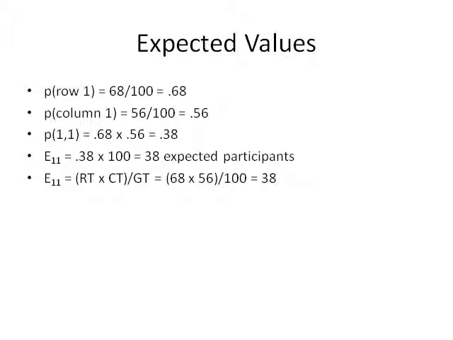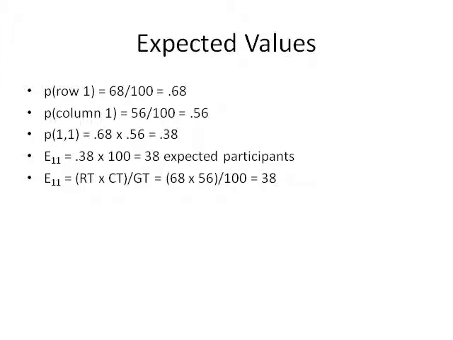So let's try to answer this by first addressing what is the probability of being in row 1. Based on the data in the contingency table, the probability of being in row 1 is the number of total participants in row 1 divided by the total number of participants, or 68 divided by 100, or 0.68.